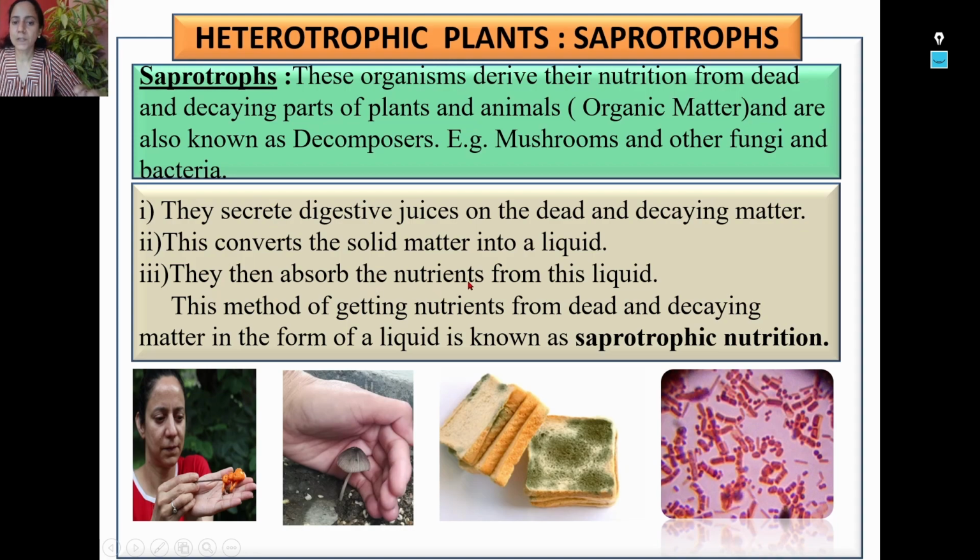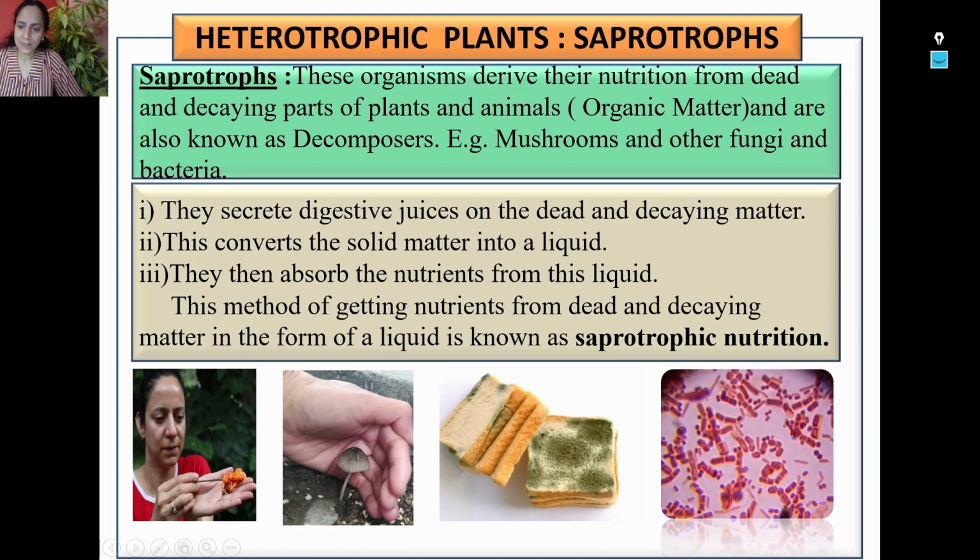Then they absorb nutrients from this liquid with the help of their long filamentous body, and that is how they fulfill their nutrition requirement. So this method of getting nutrients from dead and decaying organic matter in the form of a liquid is known as saprophytic mode of nutrition.